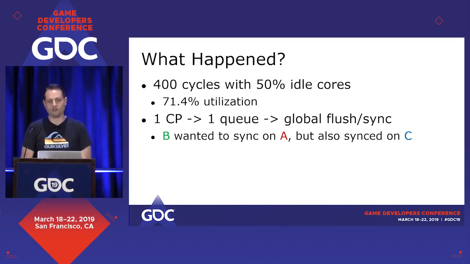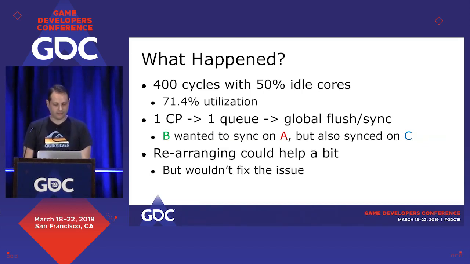In this case, we really just wanted B to synchronize on dispatch A, but it ended up also synchronizing on dispatch C because of the way that works, so that was bad. Rearranging or possibly splitting things up could help a bit, but it's not going to totally fix the issue across all possible configurations, because you don't necessarily always know how long any dispatch is going to take, or how things are going to scale across different hardware or different resolutions.